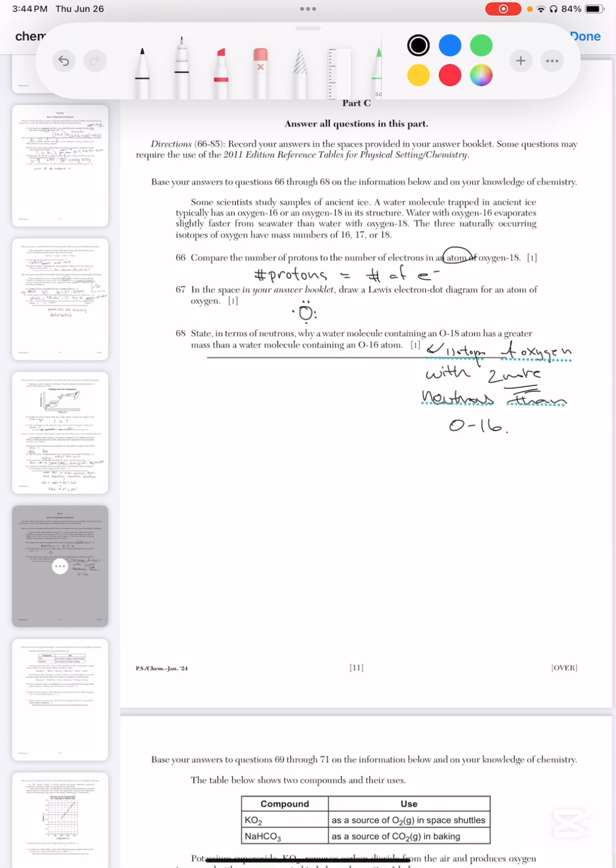So you can just say that there would be more neutrons in this water molecule.